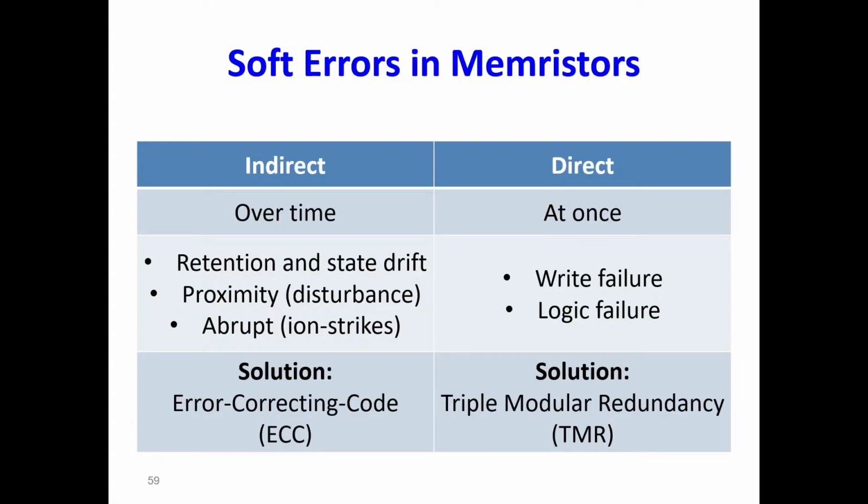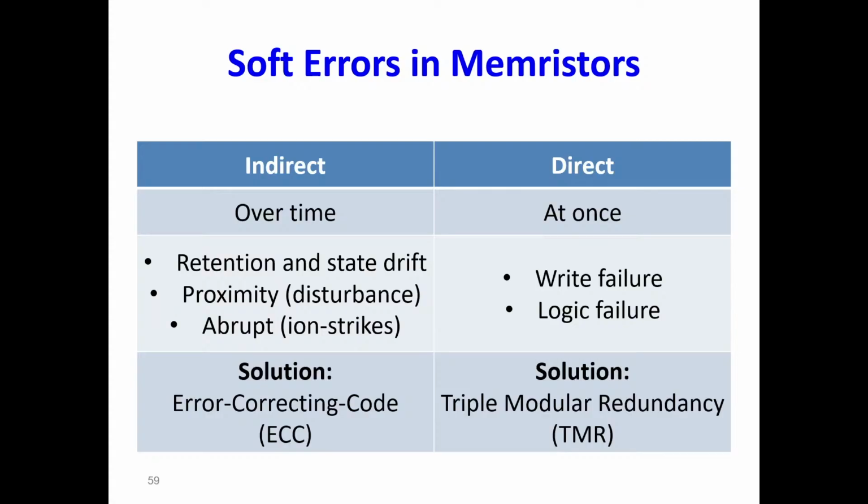One type is indirect errors, which means that we don't access the device, the memory cell, but something happens there. So there is some error. For example, retention issues, so the bit flipped throughout time because of some unexpected phenomena, or disturbance, where we access one device, but other devices were influenced without intention.